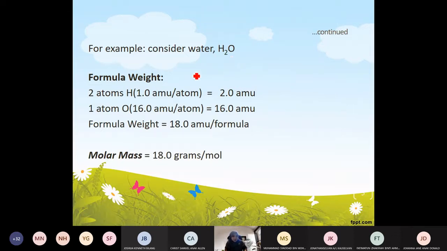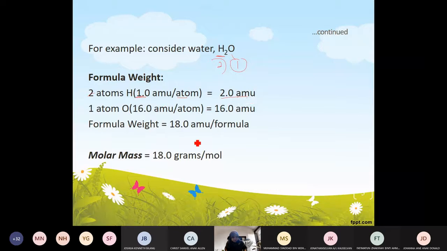So what is the formula weight for water? H2O. If you look at the periodic table, hydrogen in a water molecule has 2 atoms, oxygen has 1 atom. So we have to calculate the atomic mass for the total of these 2 hydrogen and also 1 oxygen. The atomic mass of hydrogen is 1 for every atom, so the total is 2 AMU.